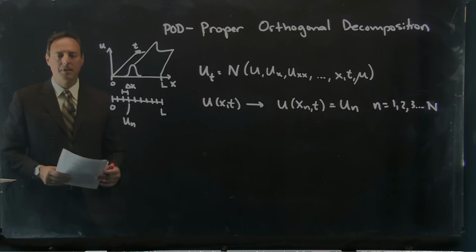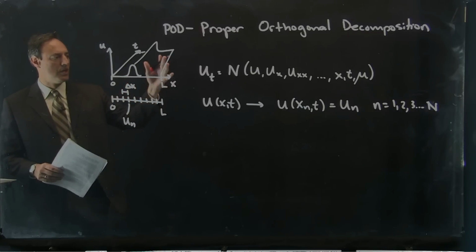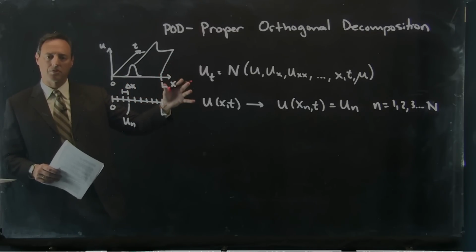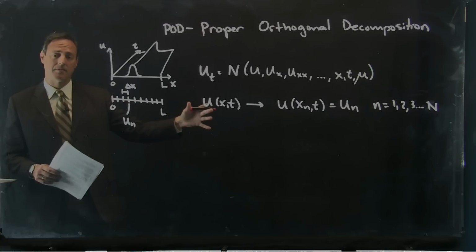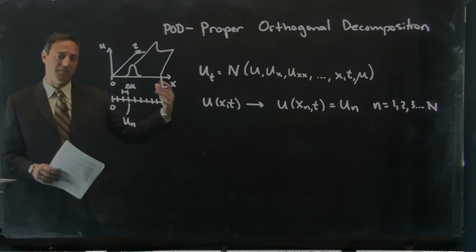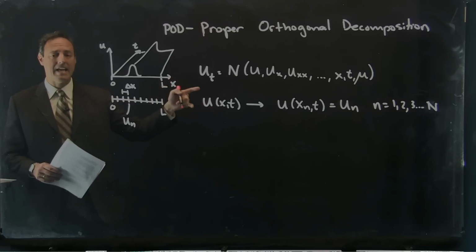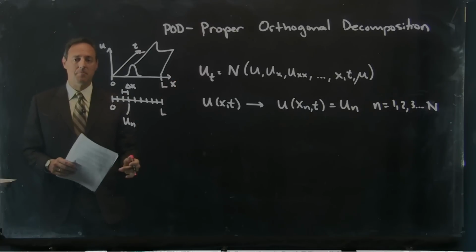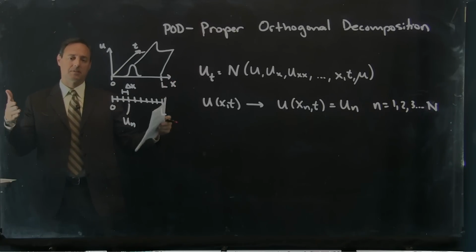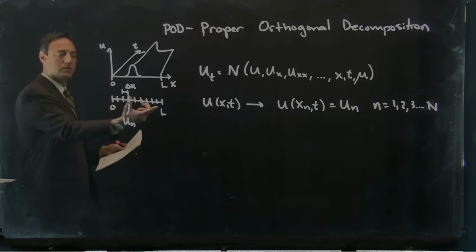And so what ends up happening when you do something like this is you take this infinite dimensional partial differential equation, and now you're going to turn it into a large finite set of differential equations. And in fact, the dimension of that is going to be given by n, which is how we've basically chopped this up into a small set of points.